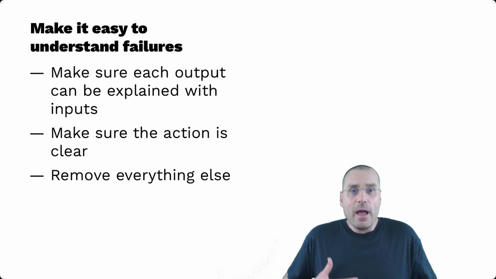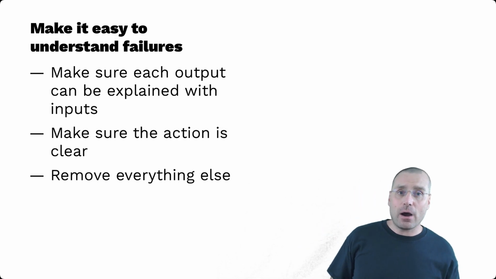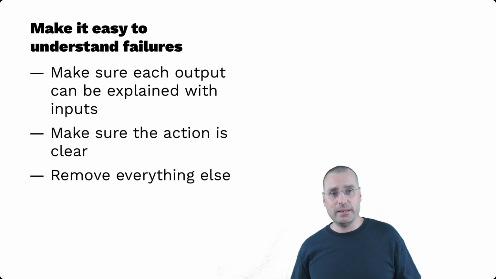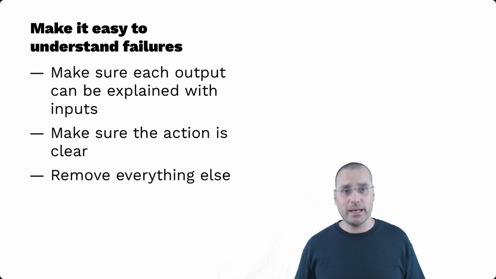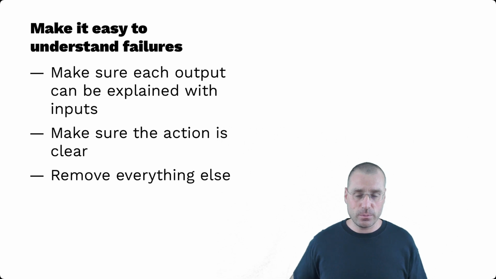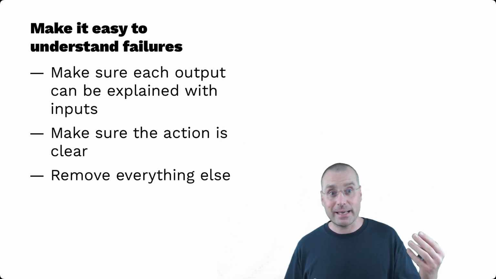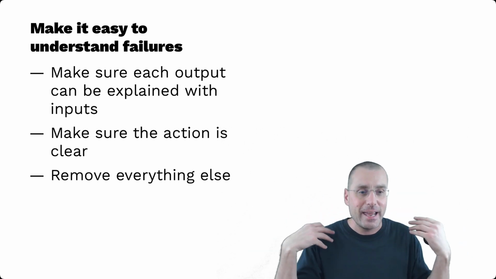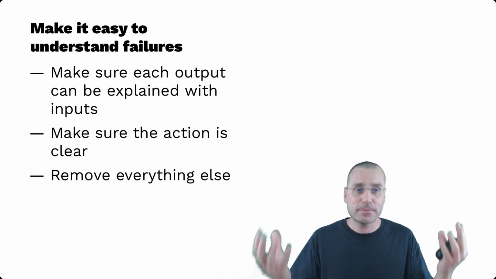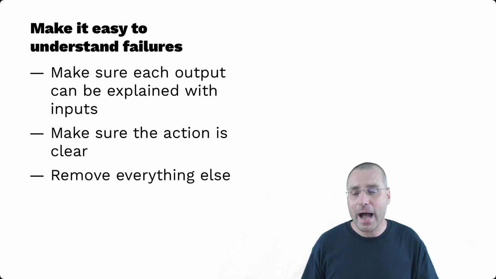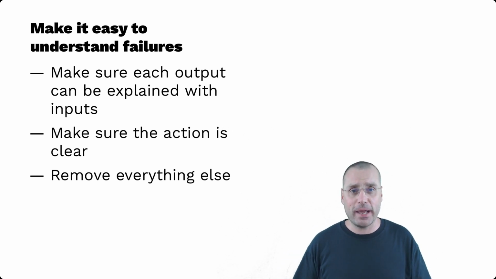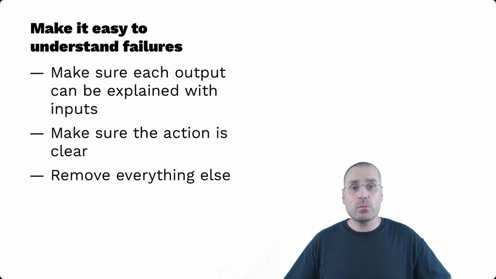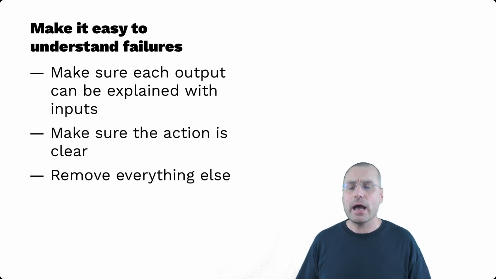So here's a couple of ways of how we can make it easy to understand failures. What's really important is to make sure that each output can be explained with inputs, that we have the right inputs there, that we have the right outputs, and that's why given when then again is a really interesting first step because it helps us separate these things. Once we can figure out if the output is explained by the input, then we can make sure that the action is clear.